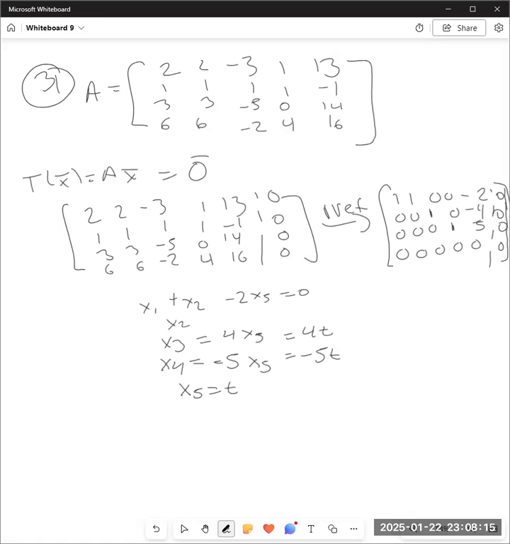That makes x2 equal to s. So this becomes x1 is equal to -s plus 2t.